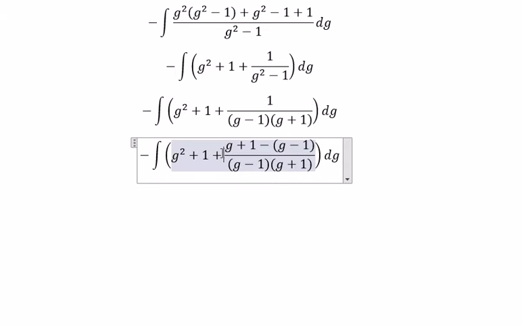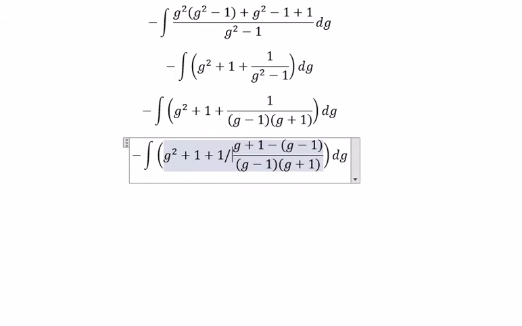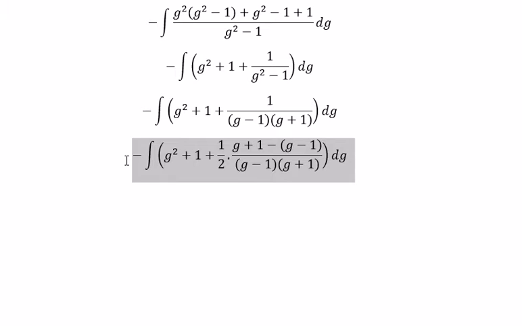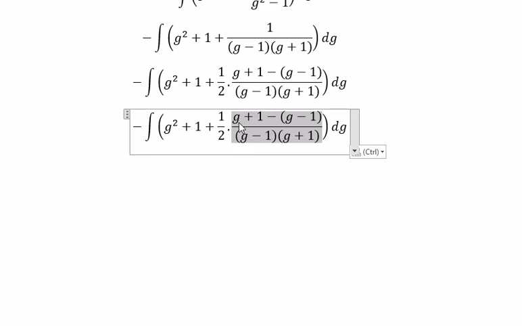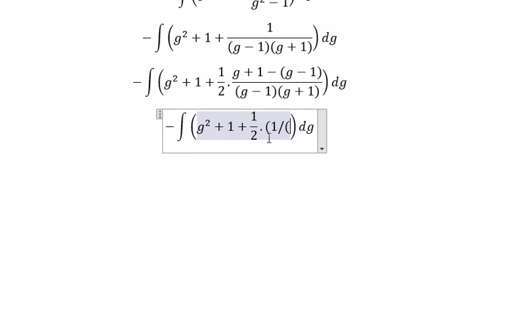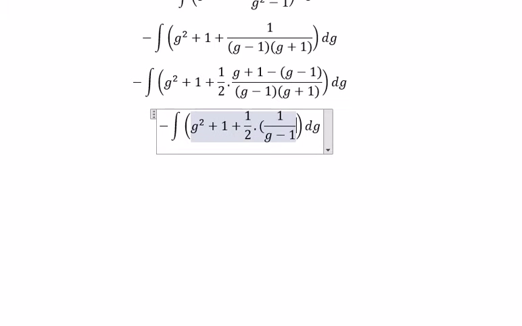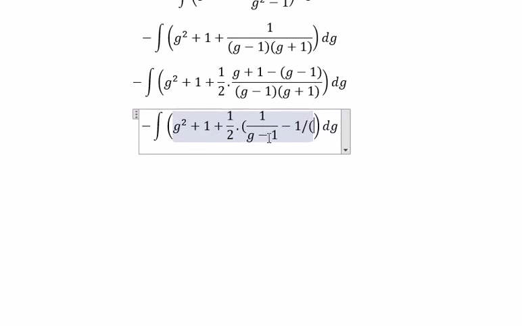In this situation, we need to divide 1 over 2. That's about divide with number 2. So for this one, g plus 1 divide g plus 1, you got 1 over g minus 1, and we have 1 over g plus 1.